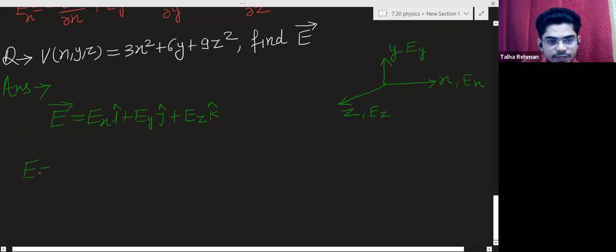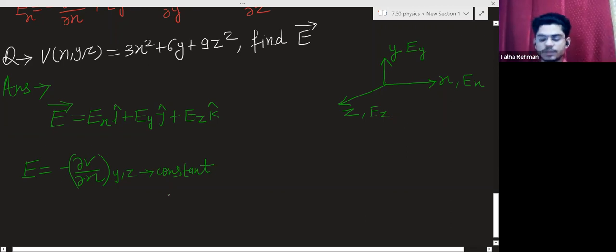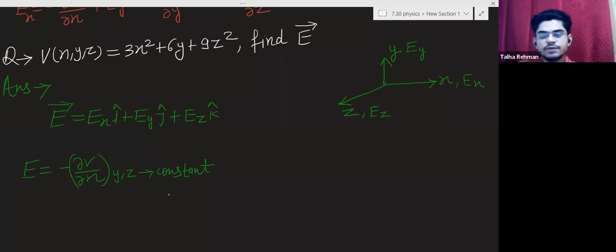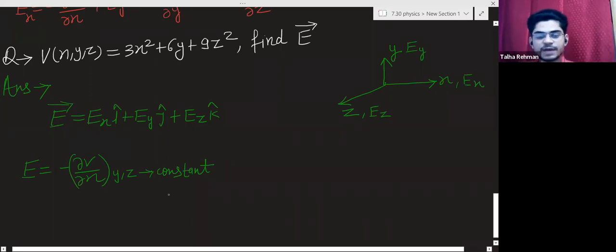Okay. Yes, sir. So now can I find Ex? We have a formula for Ex: minus del V by del x. The meaning of this term is that we consider y and z constant. This is the way of partial differentiation. If we differentiate the function with respect to x, then we have to consider y and z as constant.